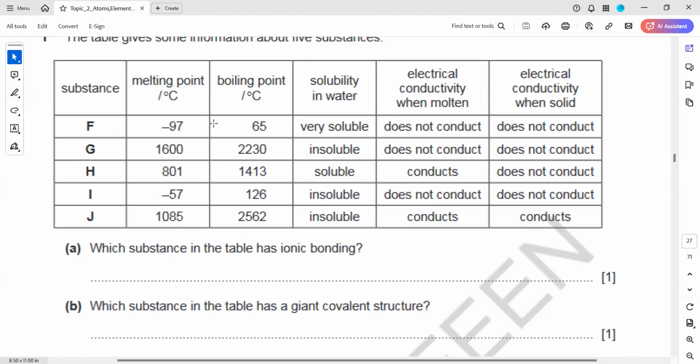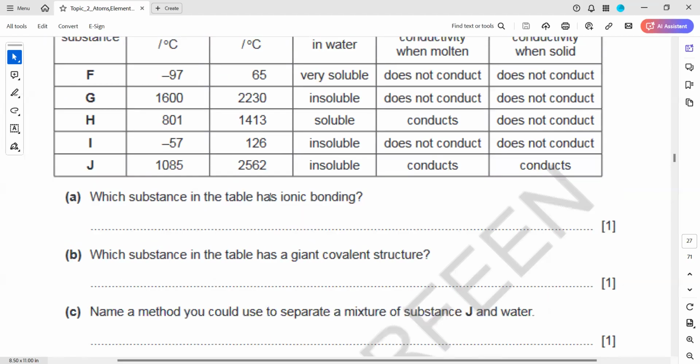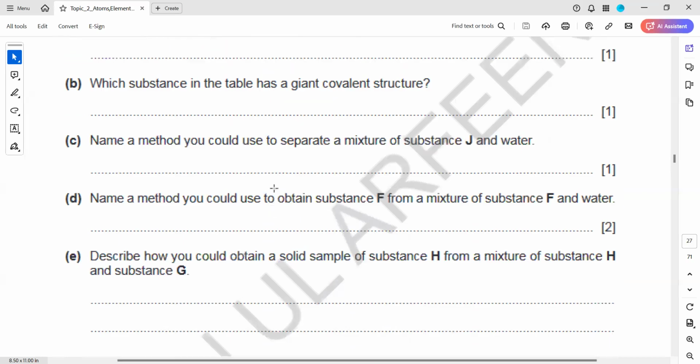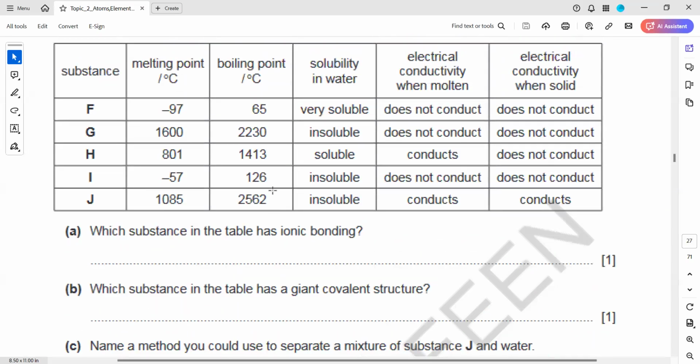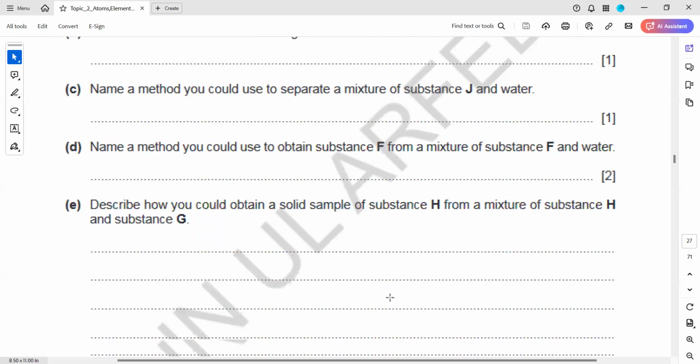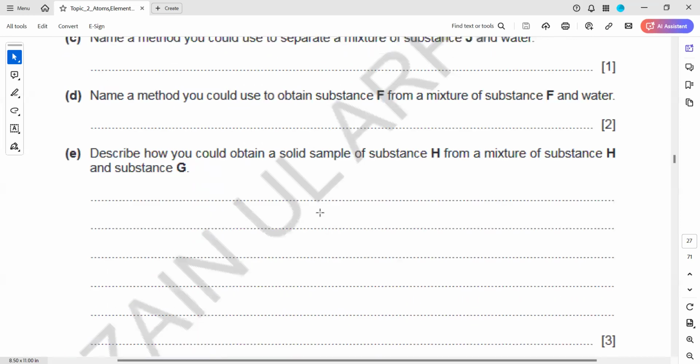This is related to the last topic of the syllabus. No, F cannot be crystallization. I'm saying if a solid dissolves in water, then crystallization or distillation. But F is a liquid mixed with liquid, so fractional distillation. But about the technique, you will learn in detail in the last chapter.